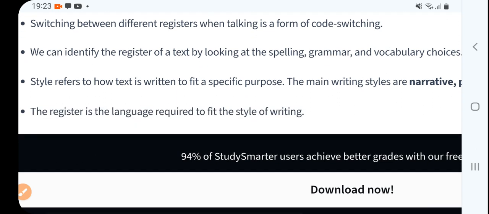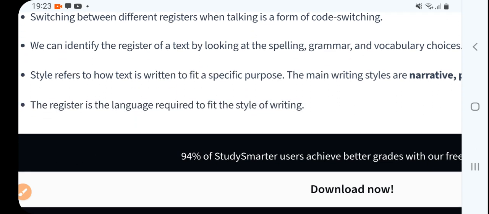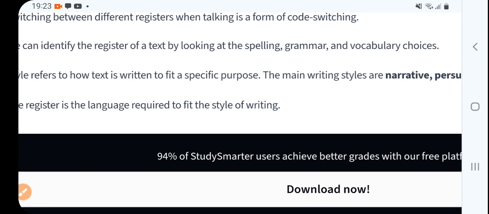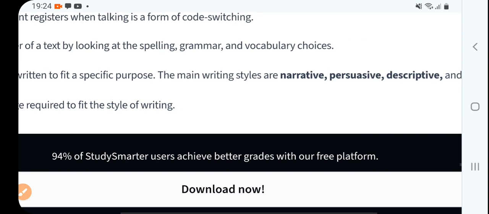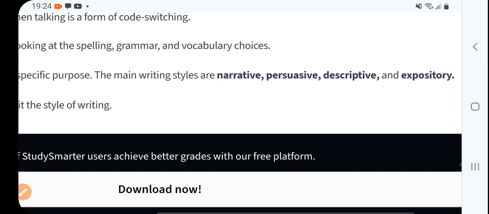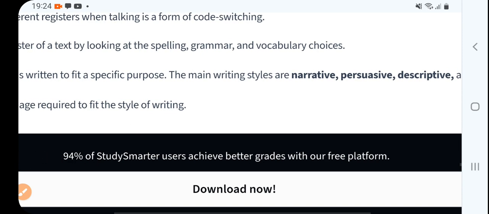And style refers to how text is written to fit a specific purpose. Suppose one has written an essay and used very casual terms, that is not fit for formal writing. So the main writing styles are narrative, persuasive, descriptive and expository.